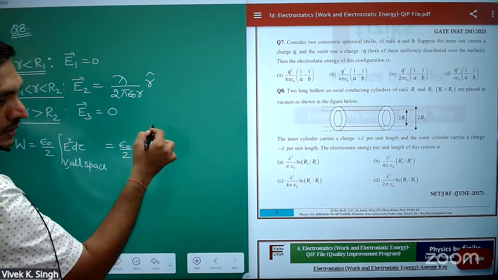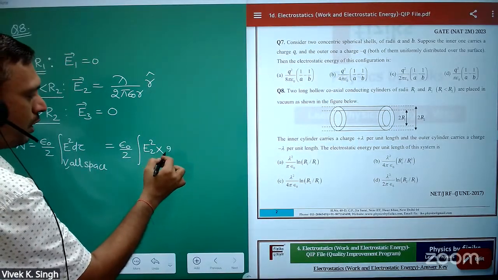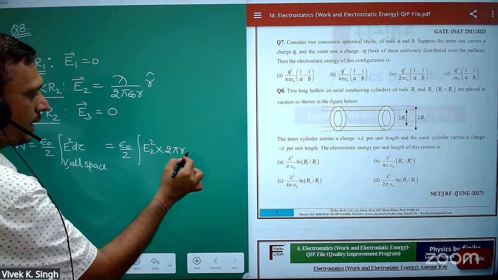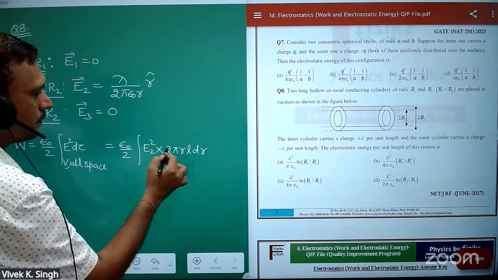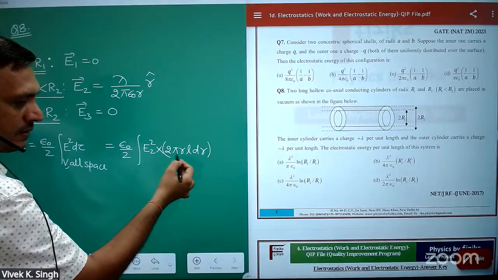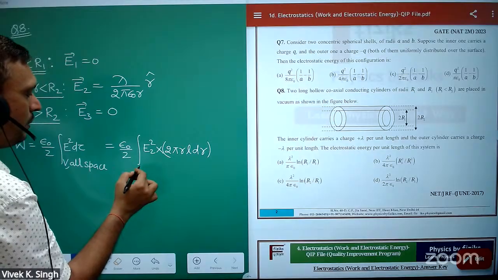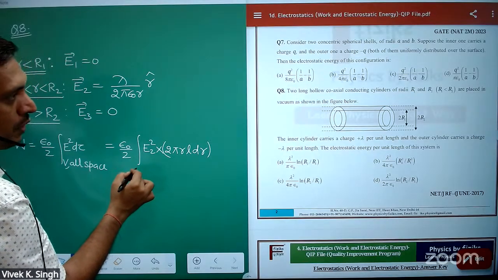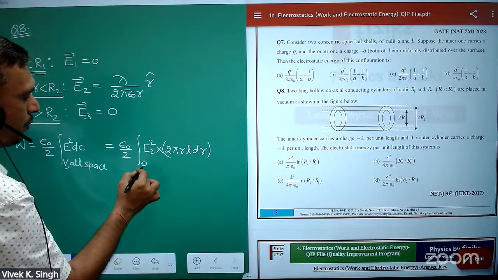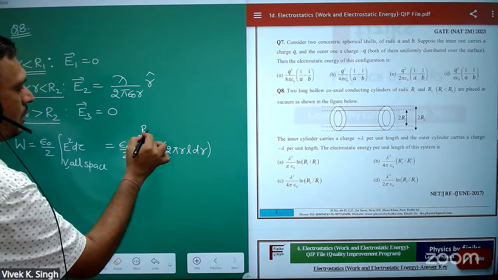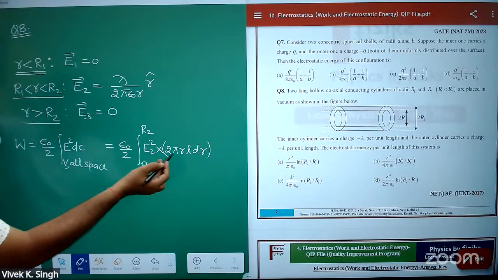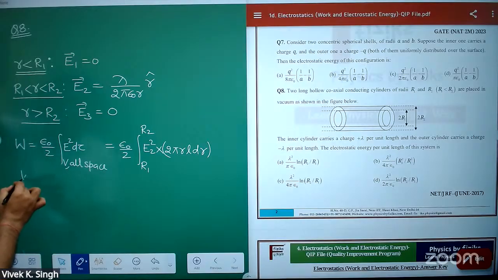Now it's a cylindrical symmetry. So d tau is what? 2 pi RL dr, where I'm taking L as the length of the cylinder. So the limit will be R1 to R2, because you have to find electrostatic energy per unit length.